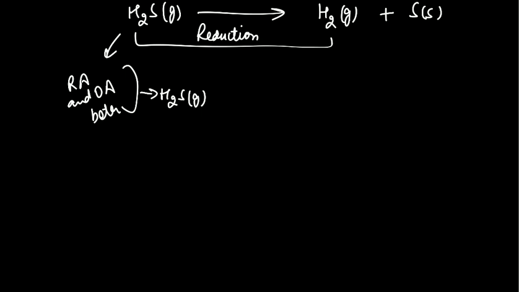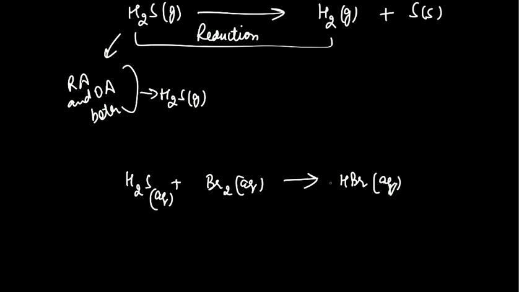Then we go to another reaction. I'm not going to take complex reactions over here because we can't explain redox reactions, or oxidation reduction, with the help of this simple method.